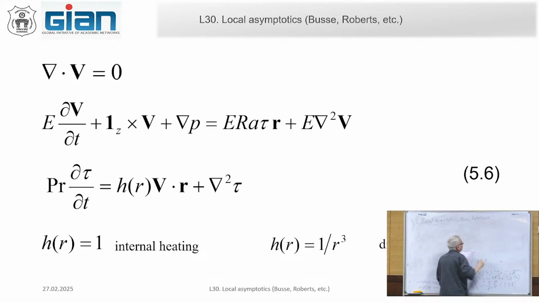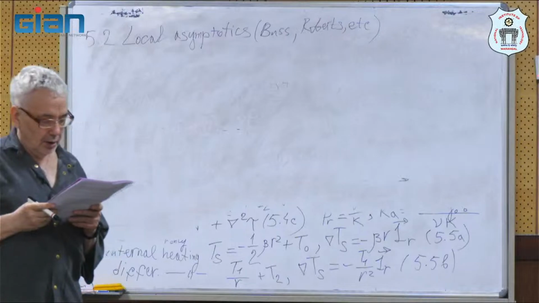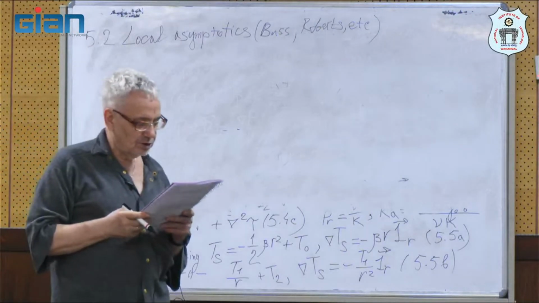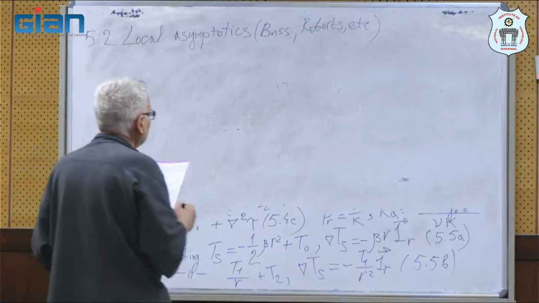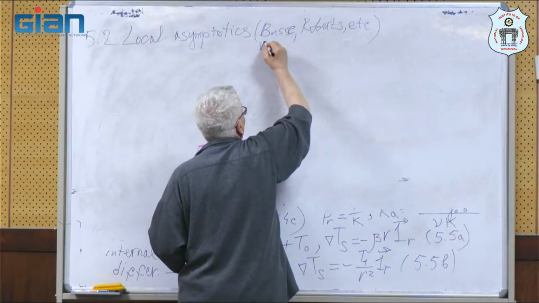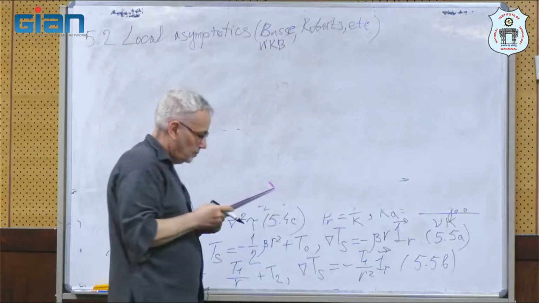The first solution for the problem of convection in a rotating spherical shell in the limit of small Ekman number and with internal heating was found by Roberts in 1968 using the WKB approximation.